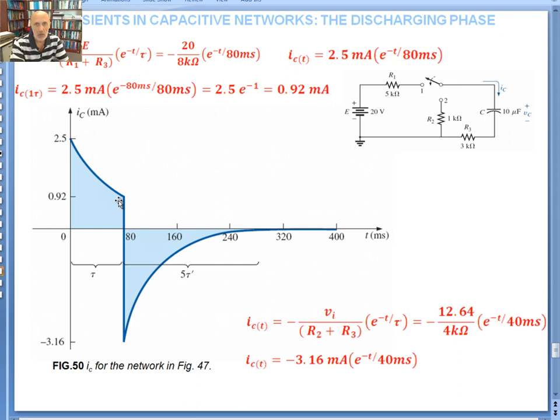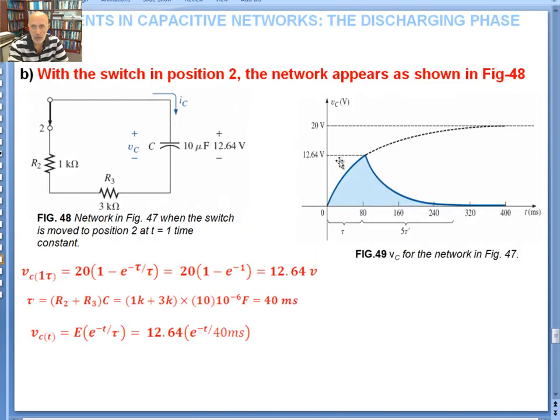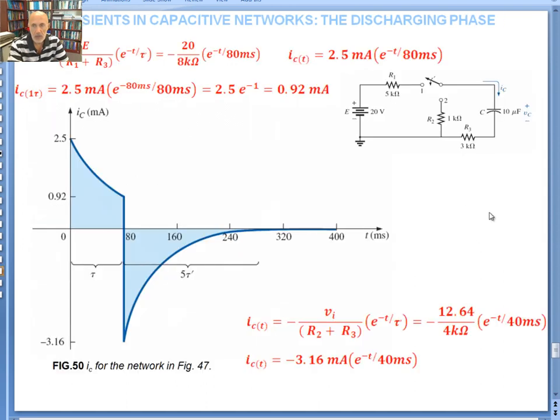Now the current will move to, remember we had 12.64 volts here at position 1. When you switch to position 2, that voltage is divided by 1K plus 3K, which is R2 plus R3. That's the V sub I, the initial voltage, which is this voltage right here, 12.64. It now acts like an initial voltage for the next cycle. So when you're switching to position 2, the voltage is built up to 12.64.